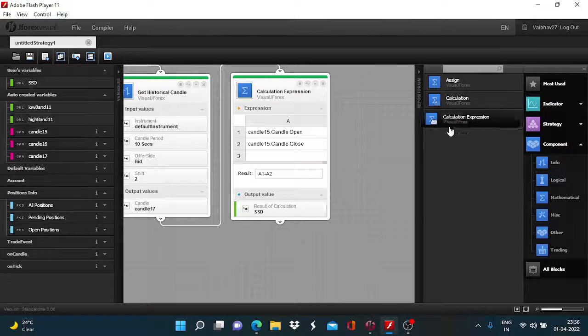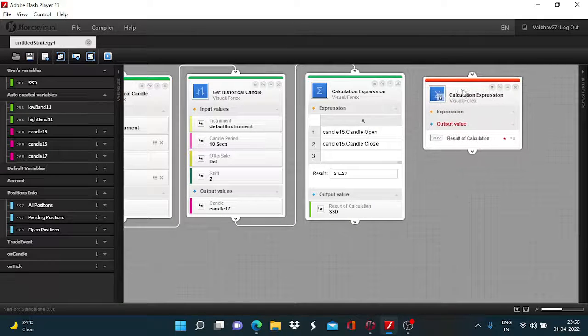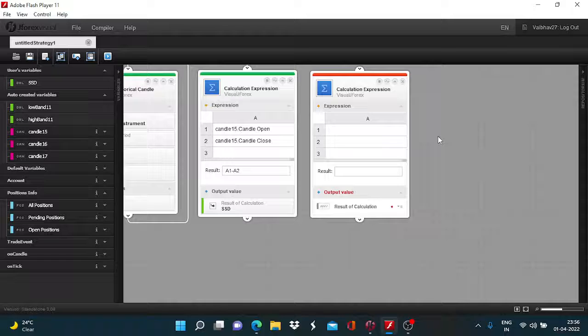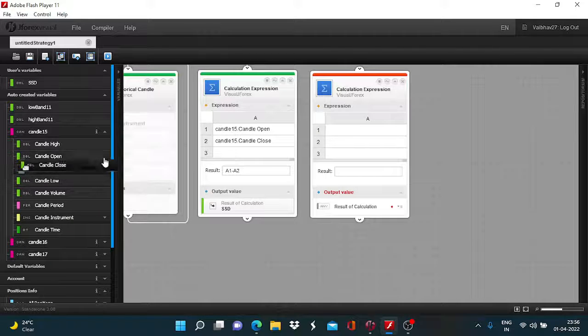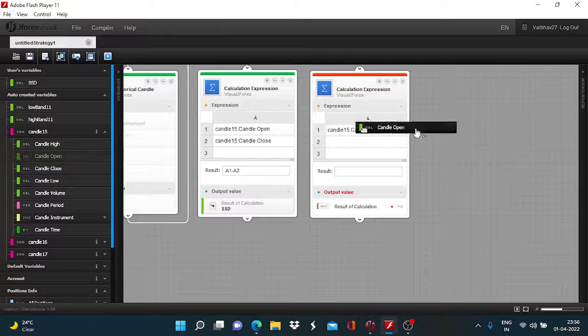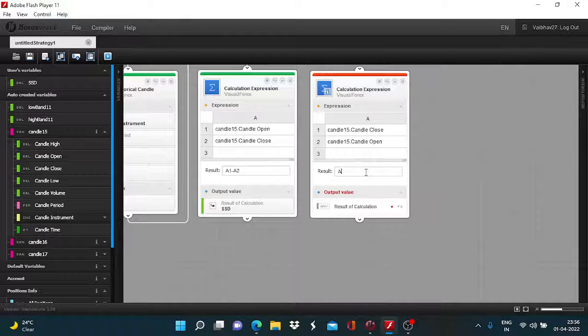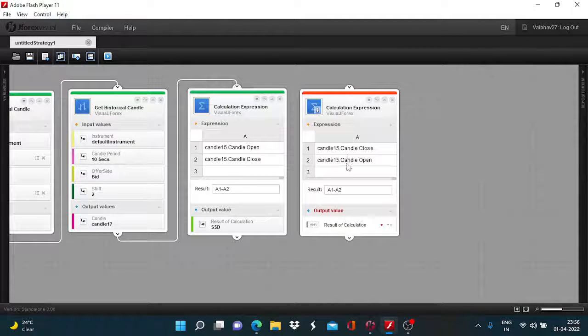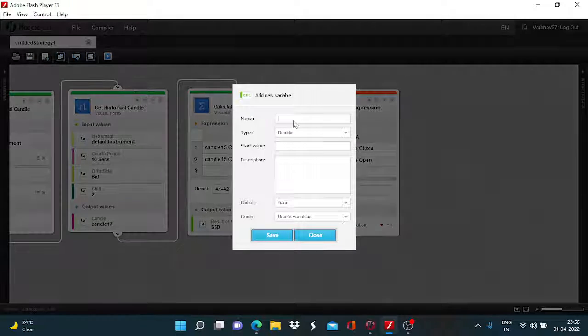And another we will deduct for the buy side difference. In that case, the closing value is going to be higher, so we deduct the opening value from the closing value. E1 minus E2. And this will be buy side difference.